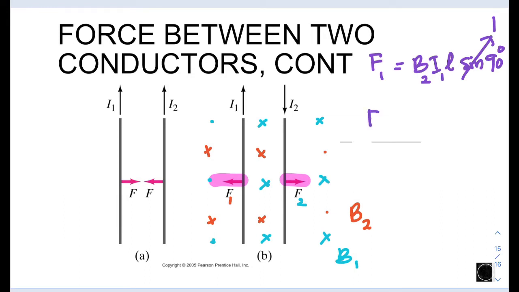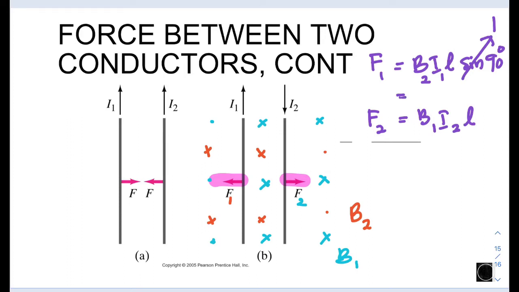So for F2, B1 I2 L. Again the same, sin 90 becomes 1. So what is B1 and B2?